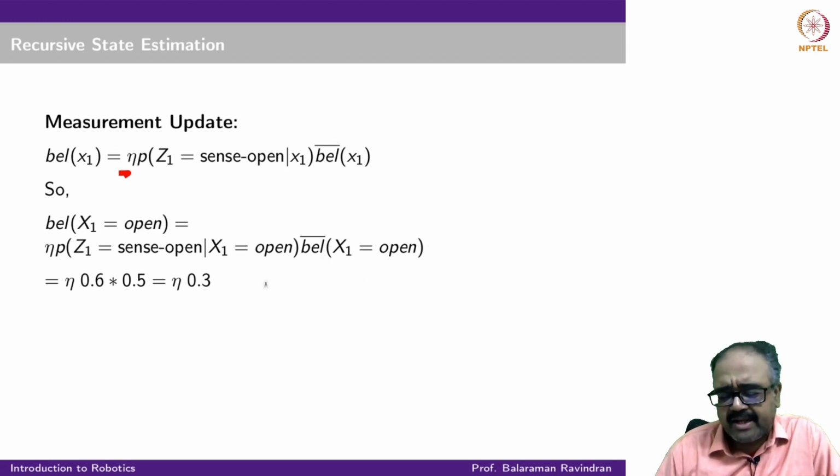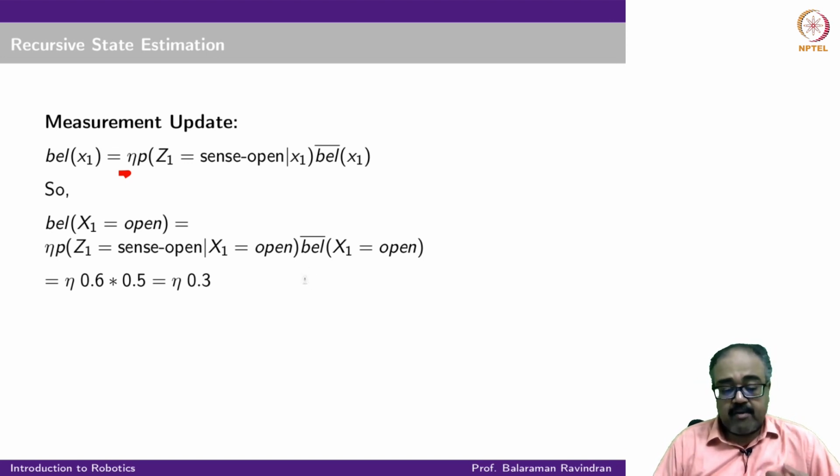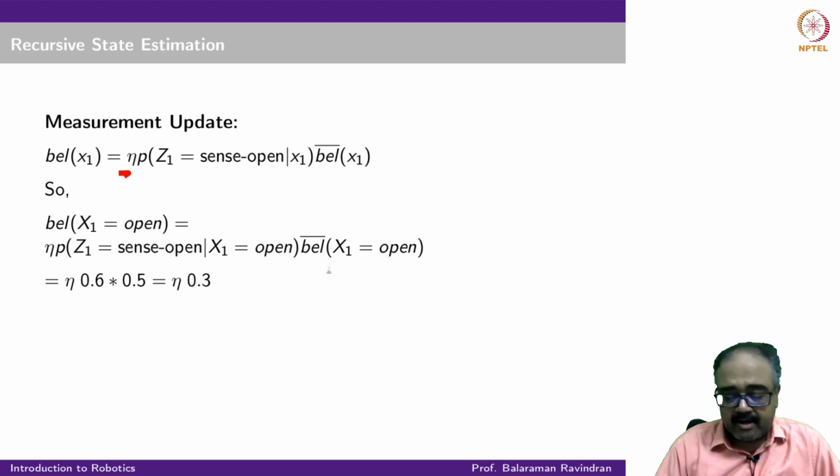So what does it really mean, right? Just wait for a second and think about this. So I want to know what my new belief is in the fact that my door is open. Okay, I want to know what do I believe now about the door. Okay, so I take whatever was the bel bar, right, after whatever action I took.